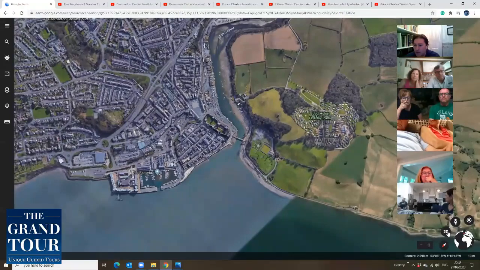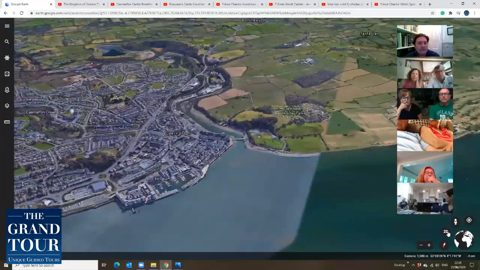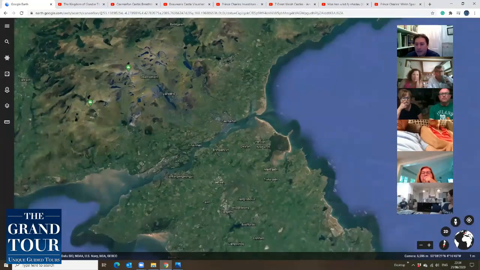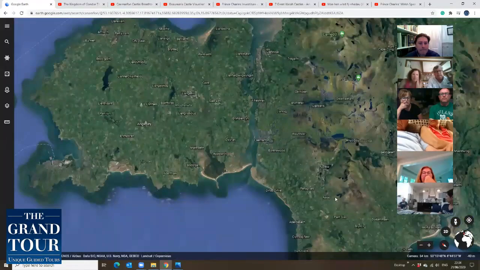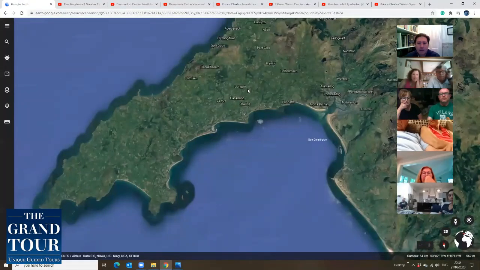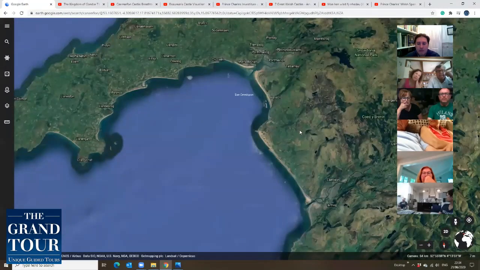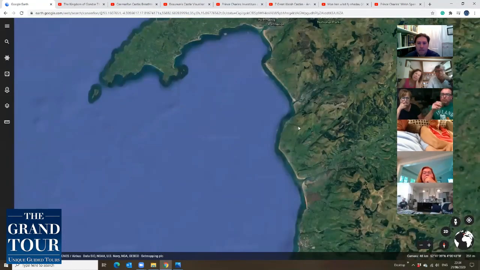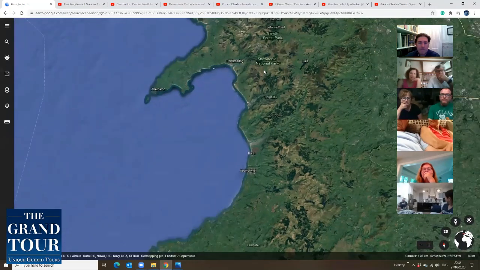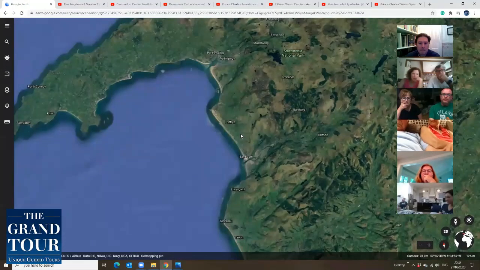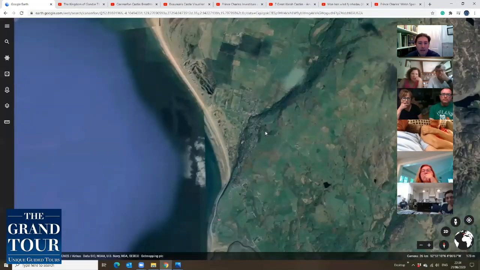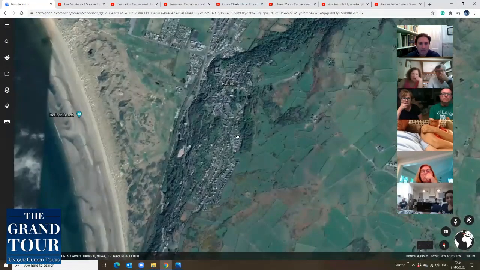which is another one of the ring of castles. Okay, turn around. So Harlech is down here. Harlech, it's a beautiful castle as well.